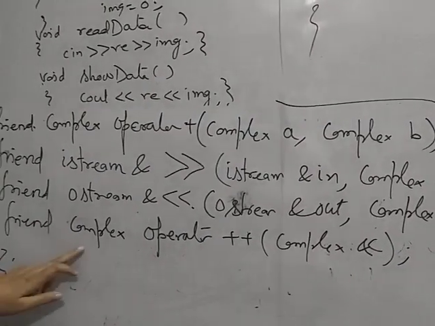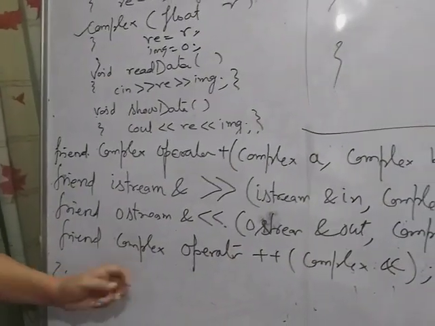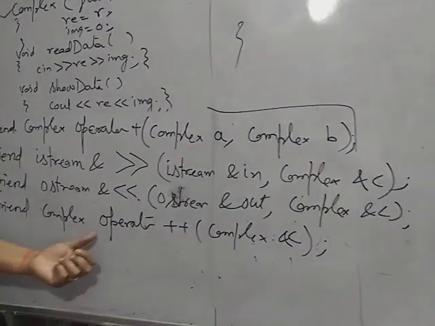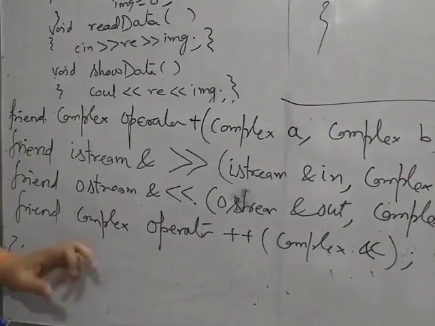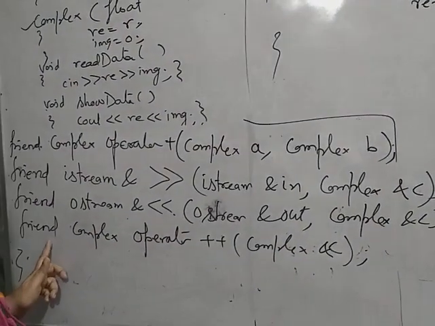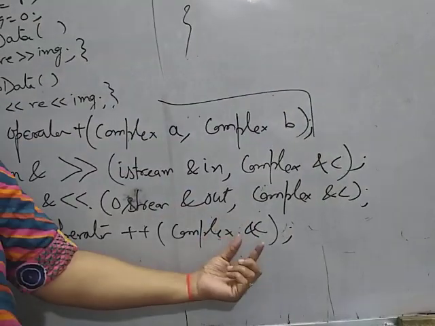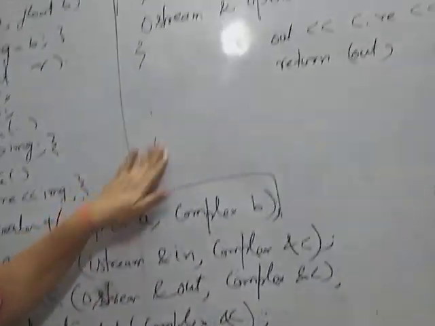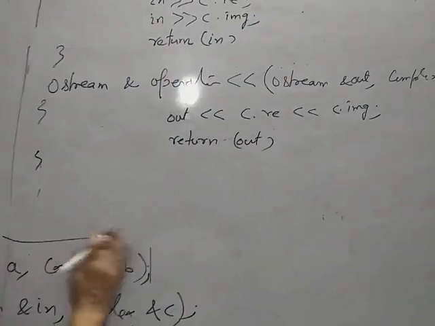Now, the friend complex: now I am overloading the ++ operator using friend function. So because this is a unary operator, and I am overloading it with friend function, this C1 object is explicitly passed.